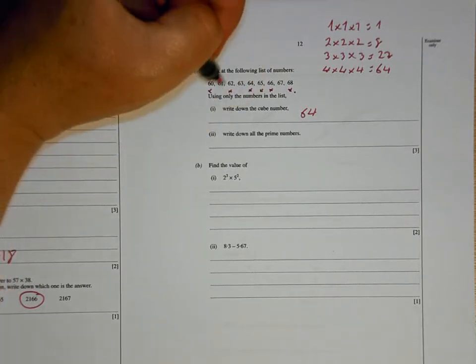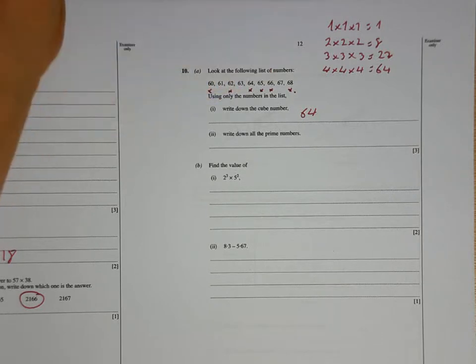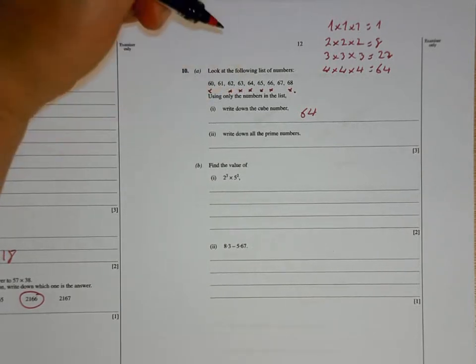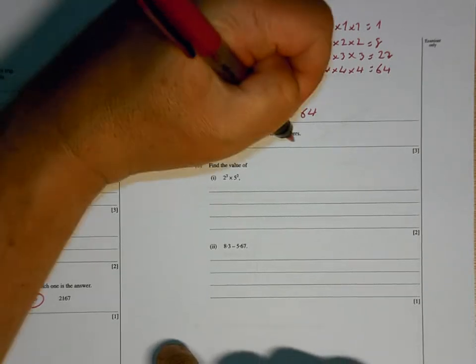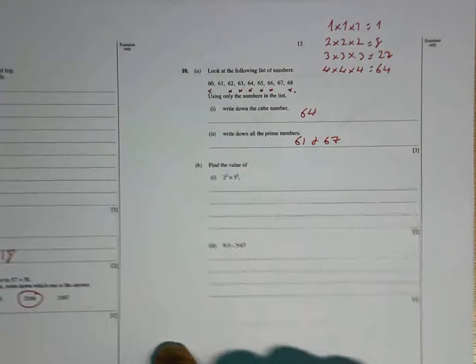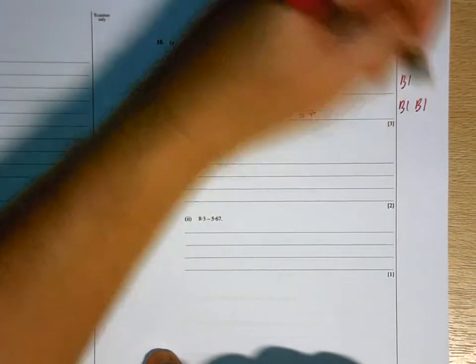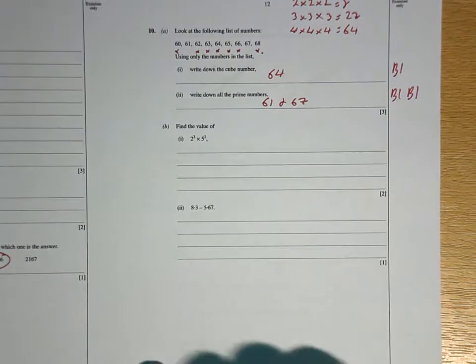So it's possibly 61, 63 and 67, but within your times tables you should know that 7 9s are 63, so it isn't that one. So we're left with 61 and 67. So 1 mark for that and 1 mark for each of those.